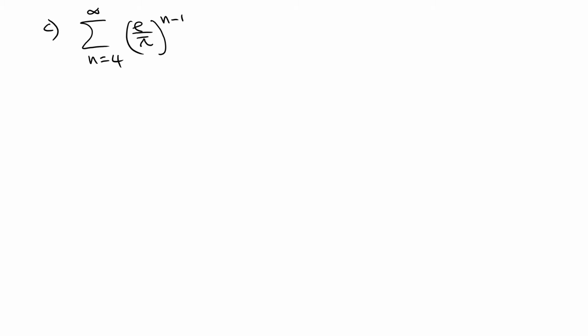In this problem also, R equals e over pi. If you look at these values, e is roughly 2.7 and pi is roughly 3.1, so if you divide, you get less than 1. So this implies that it converges.